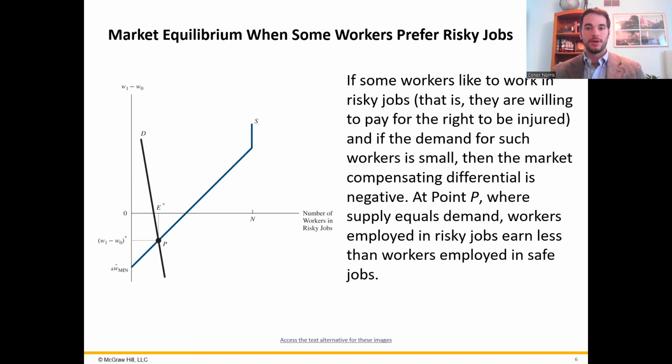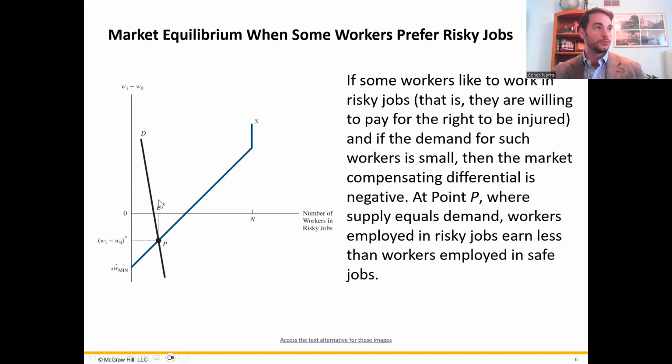Now, one of the reasons why this looks a little different is because some are willing to accept a negative compensating differential, but the firm only wants a few workers, a small number of workers. So we have this downward sloping demand curve like normal, but it's extremely steep and it crosses over here in this negative territory.